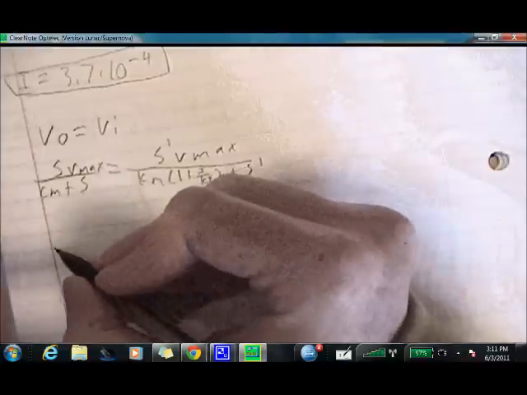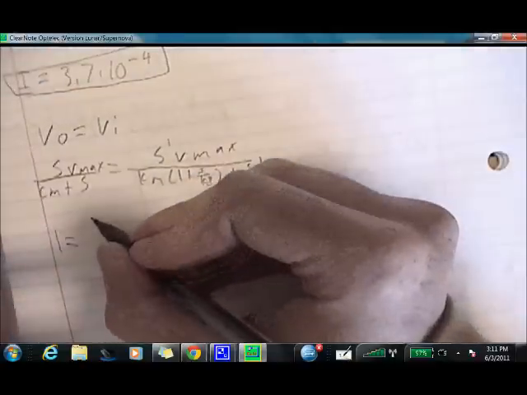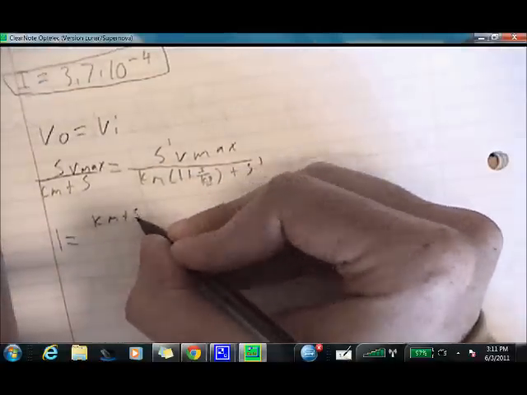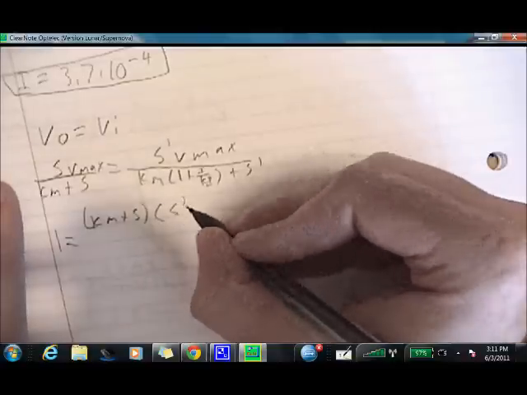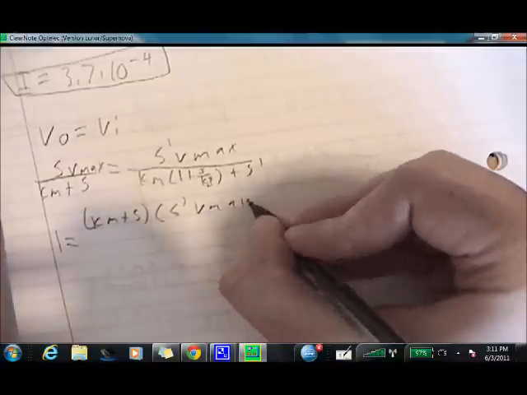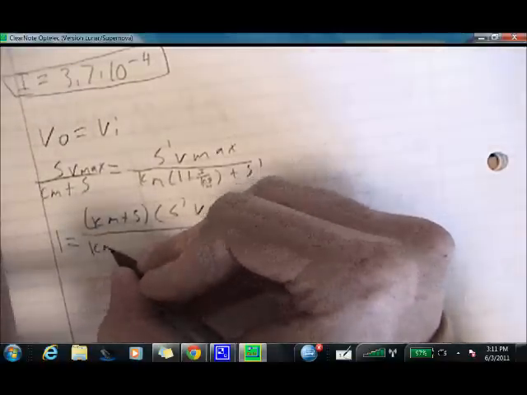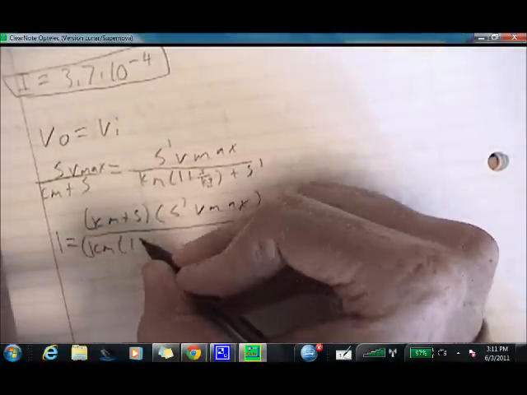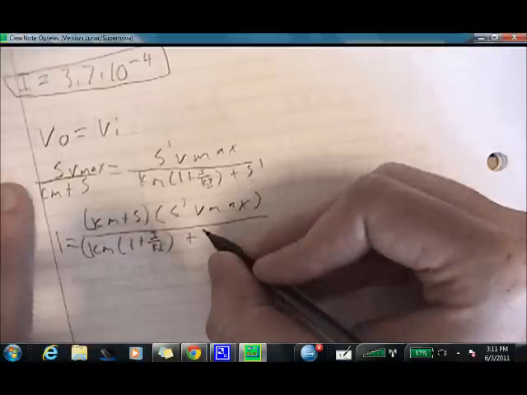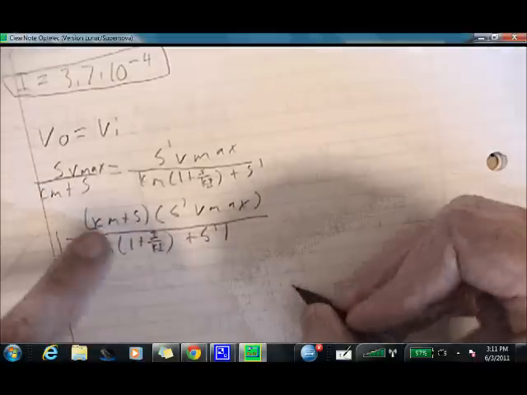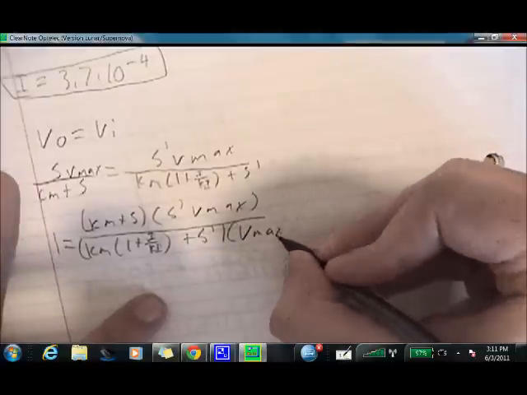So now I'm going to do 1 equals Km plus S times S prime Vmax, divided by Km 1 plus I over Ki plus S prime times Vmax S normal.